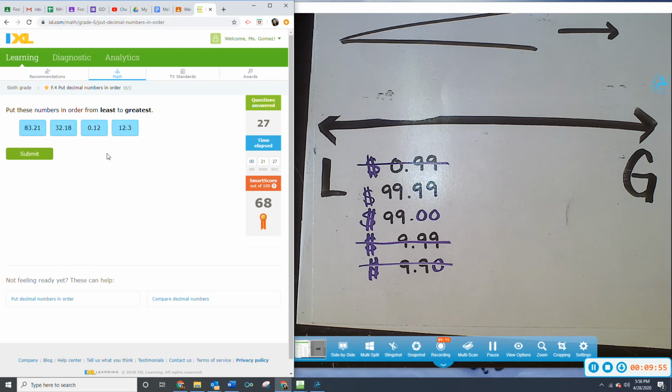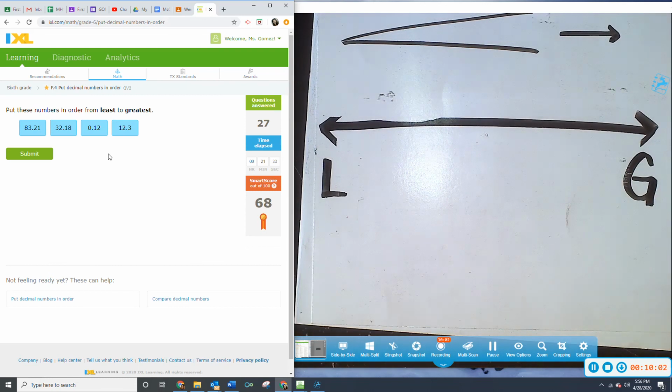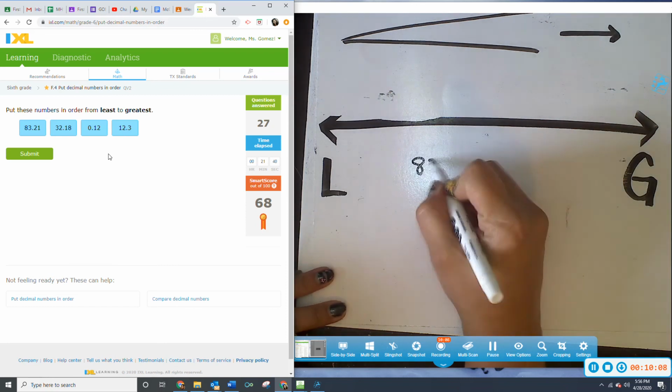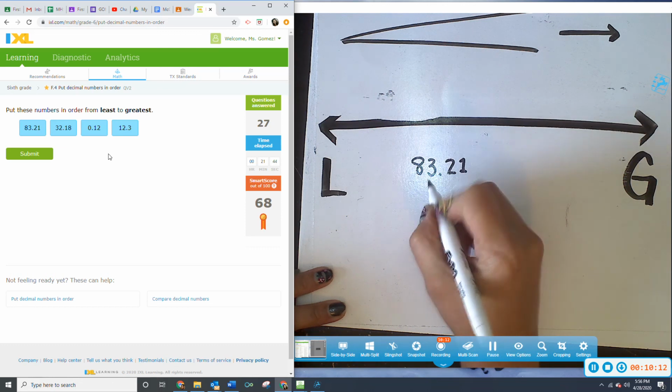I'm going to do one last one just to get us up to 70, then I'll move on to our next section. Now, here, this one is actually super easy because, let me write them down here. 32.